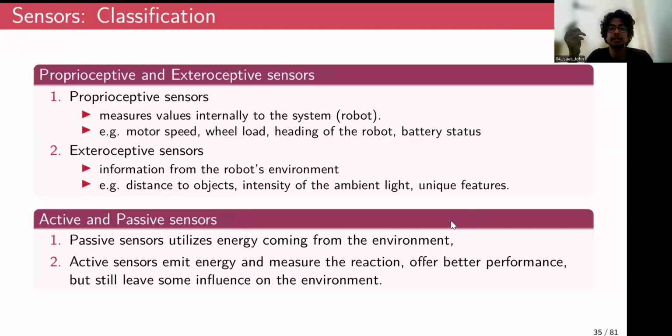And if a sensor is measuring something external to the environment or external to the robot, such as distance to objects, intensity of light, those sensors can be classified as exteroceptive sensors. And whether or not sensors require energy from an external source, or whether they utilize an energy source from the environment for their own functioning, they can be further classified as active or passive sensors.